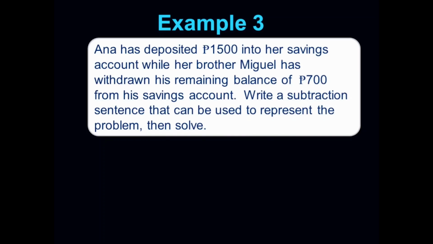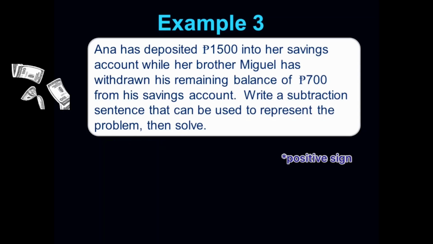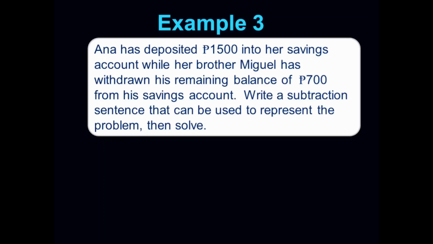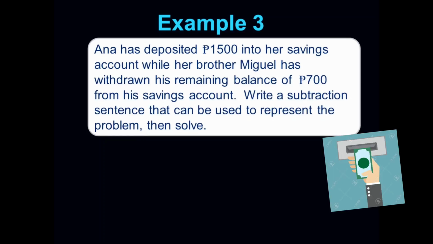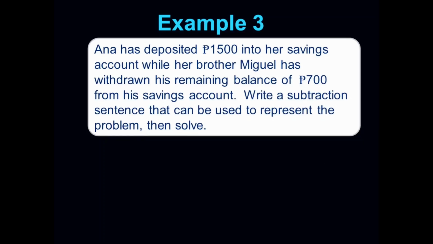Now we know that when we deposit money, we are adding money into our savings, so it denotes positive. However, when we withdraw money from our savings account, we are deducting a certain amount from our savings, so it denotes minus or negative.